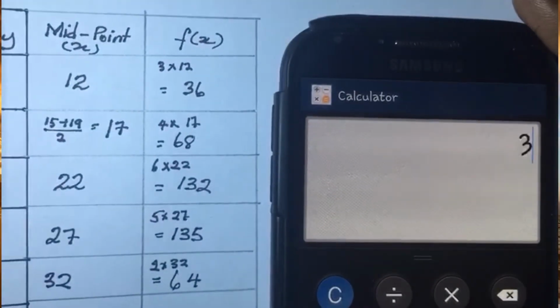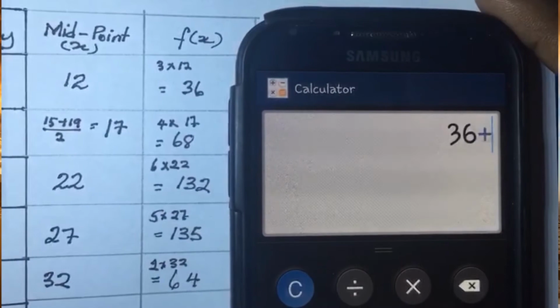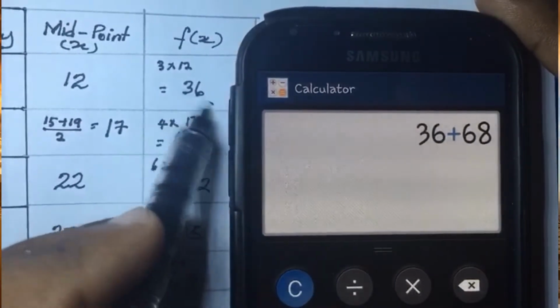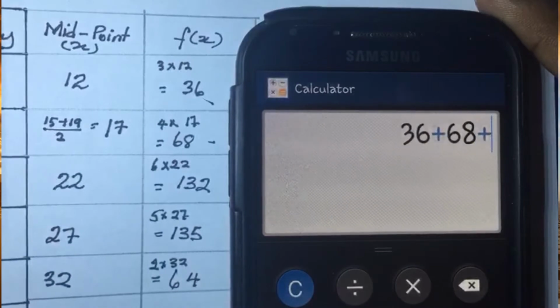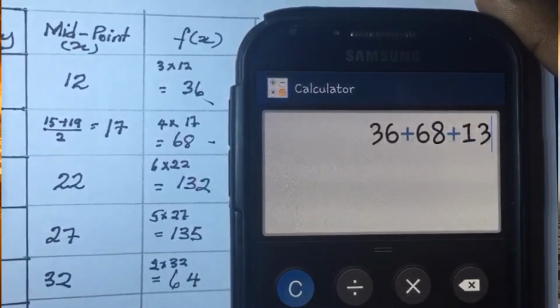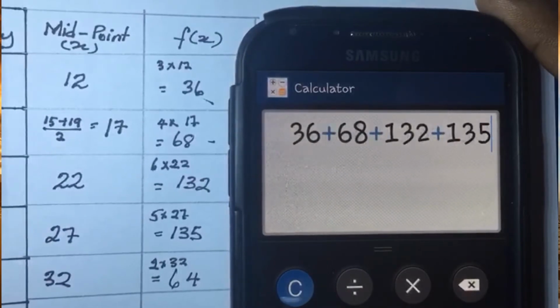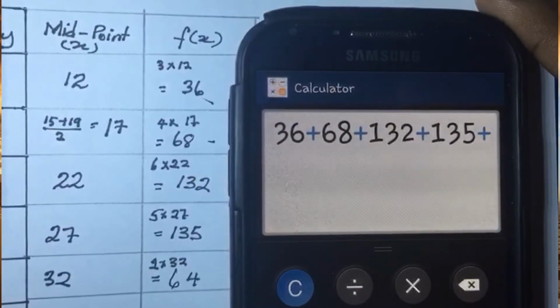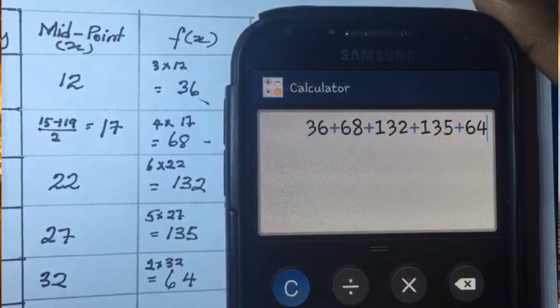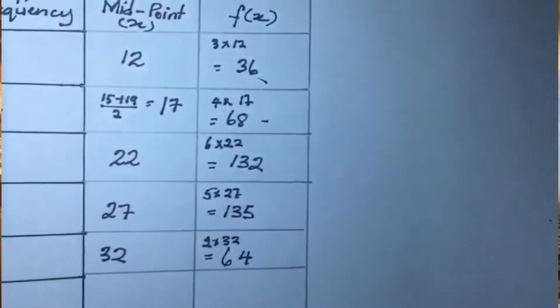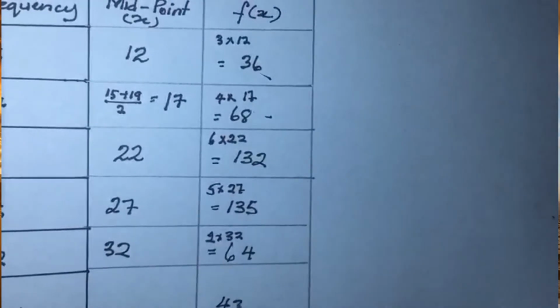I'm going to have 36, and I'm adding to 36, 68. And I'm adding to 68, 132. And I'm adding again 135. I'm adding again 64. And that should give me 435. So my total f of x is 435.